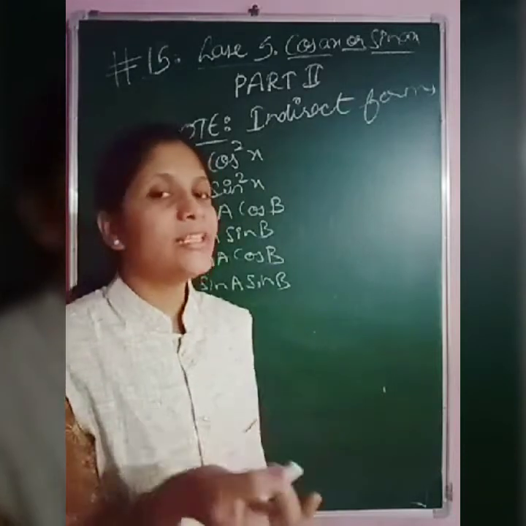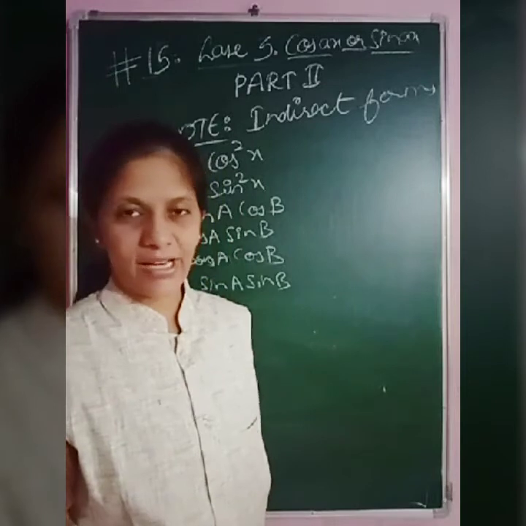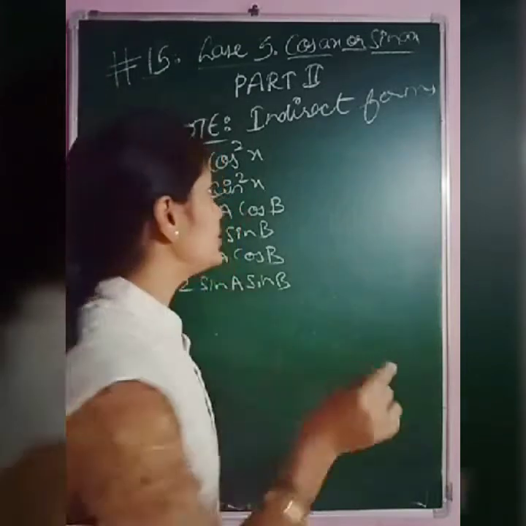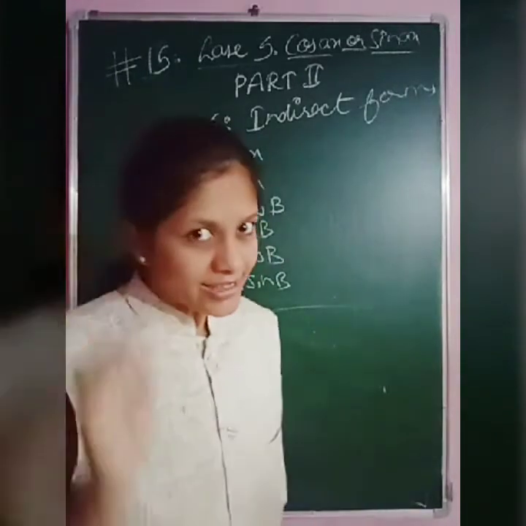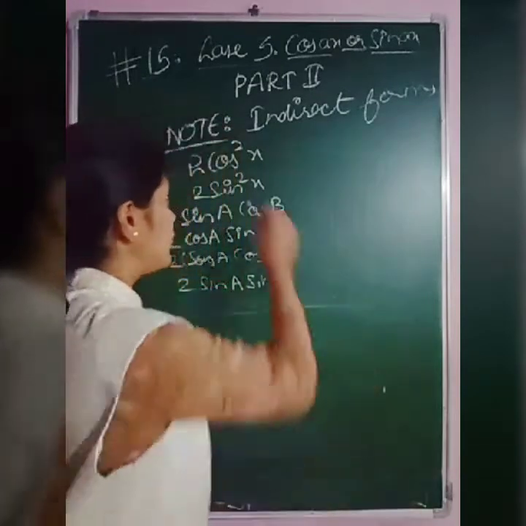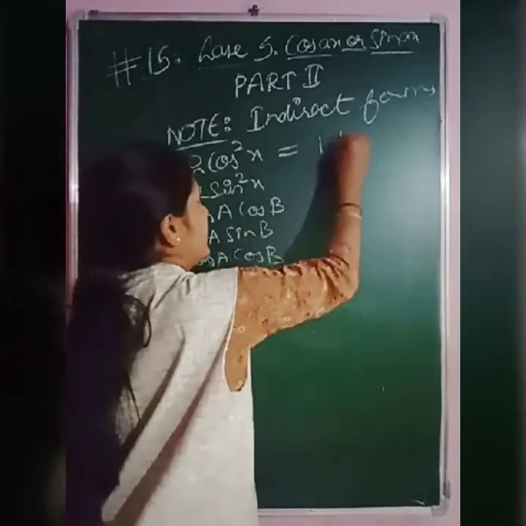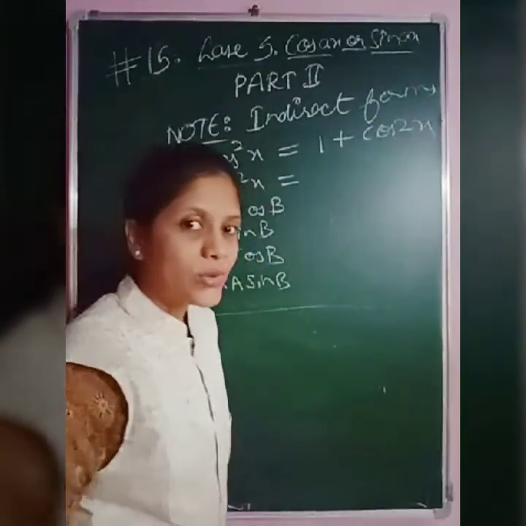So all these formulae we should remember, which are very easy to remember. Whenever cos comes, usually plus comes. What is 2 cos square x? 1 plus cos 2x. What is 2 sin square x?